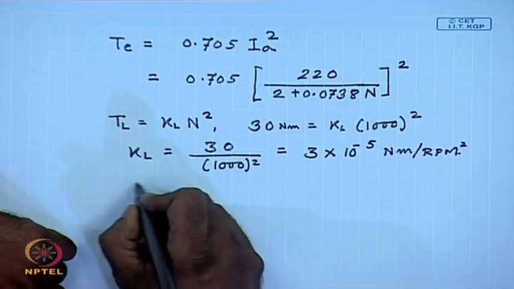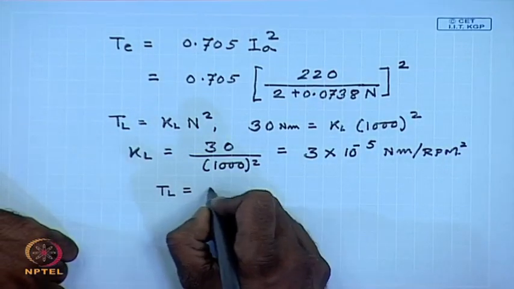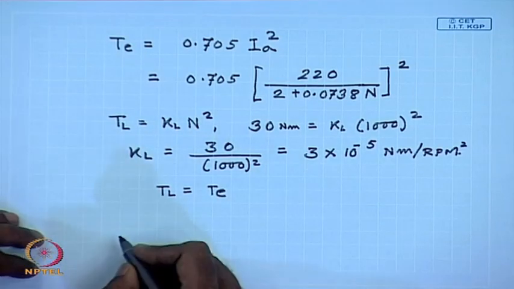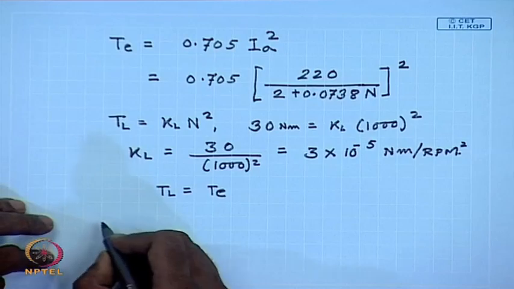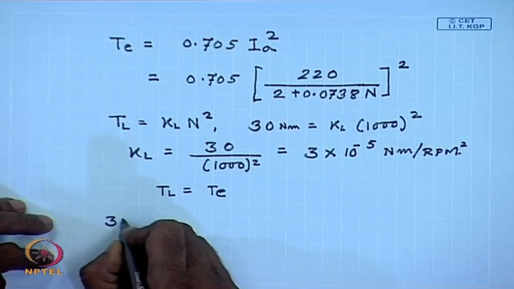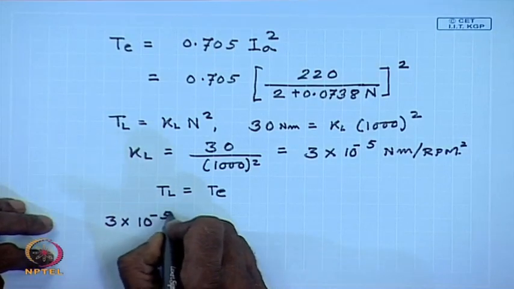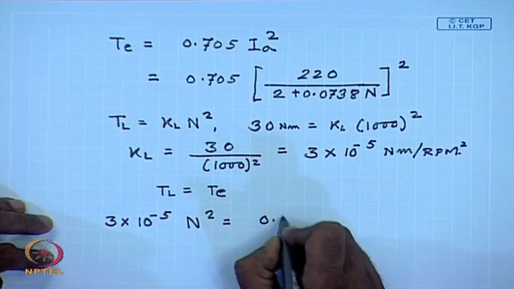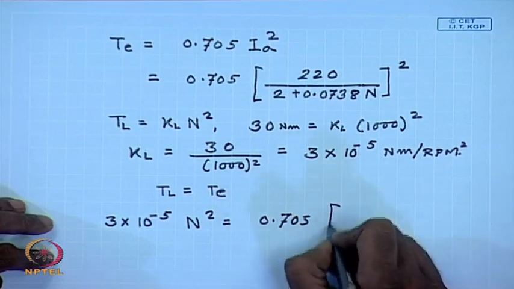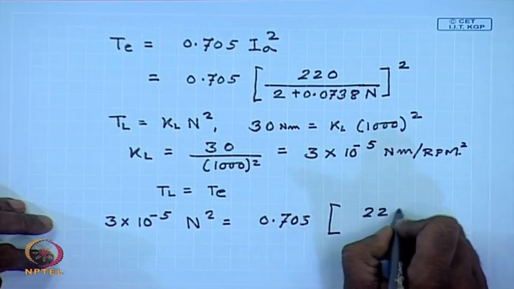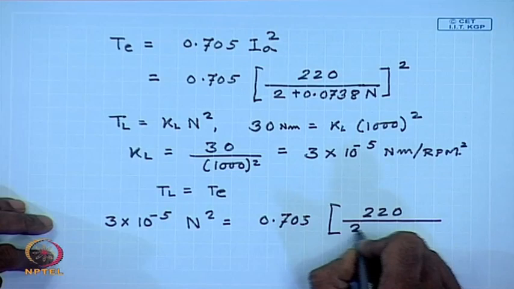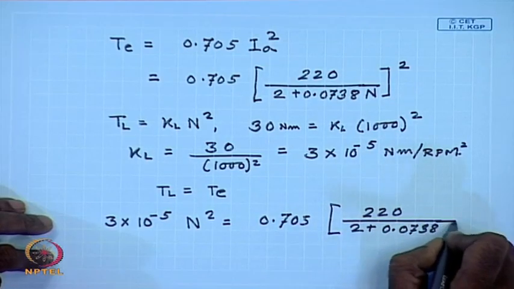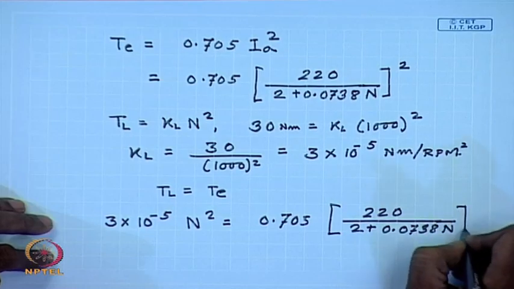Under steady state, TL equal to TE. Therefore, 3 into 10 to the power minus 5 n square equal to 0.705 into 220 divided by 2 plus 0.0738 n, whole square.